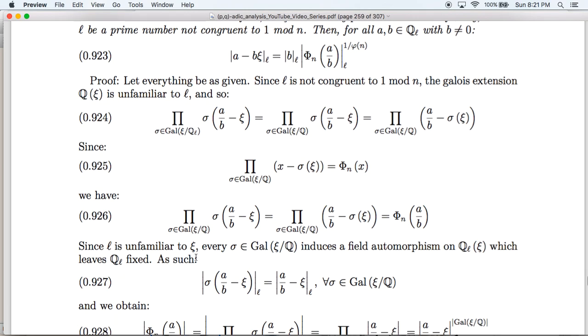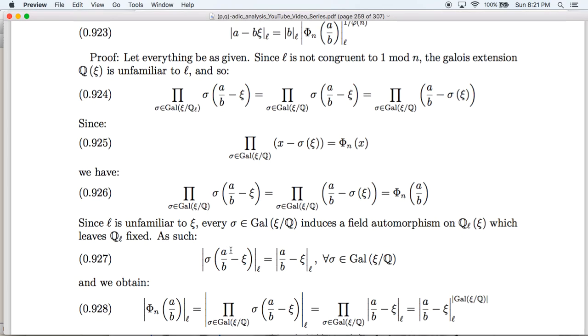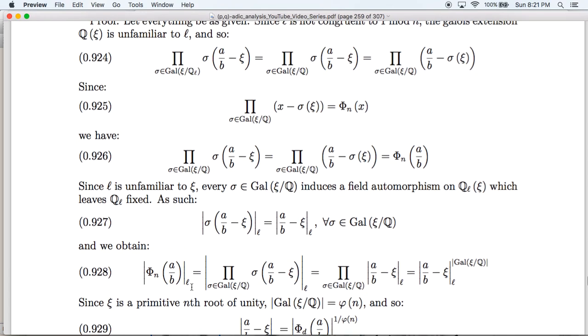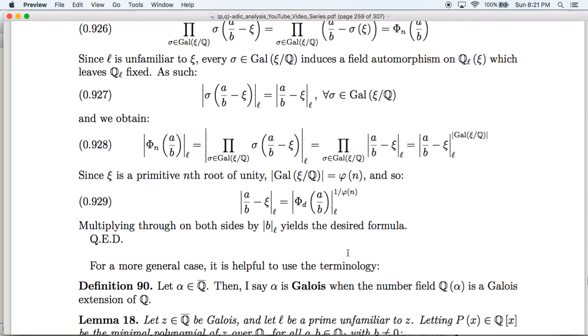Since L is unfamiliar to C, every automorphism here induces an automorphism on QL of C which leaves QL fixed, and as a result, this automorphism is an isometry with respect to the l-adic absolute value. So the l-adic absolute value goes inside, and it's constant, so it's this to the power of the cardinality, and the cardinality is phi n.